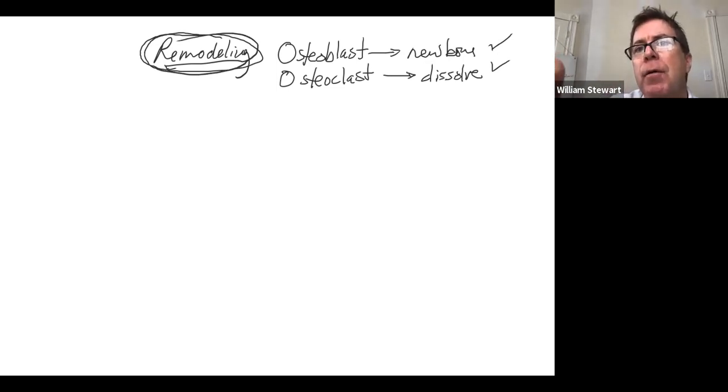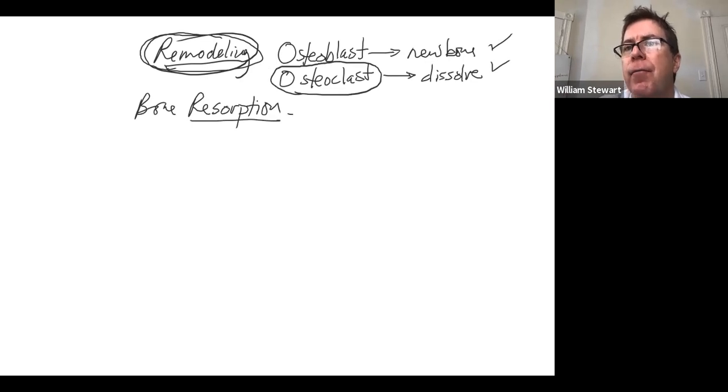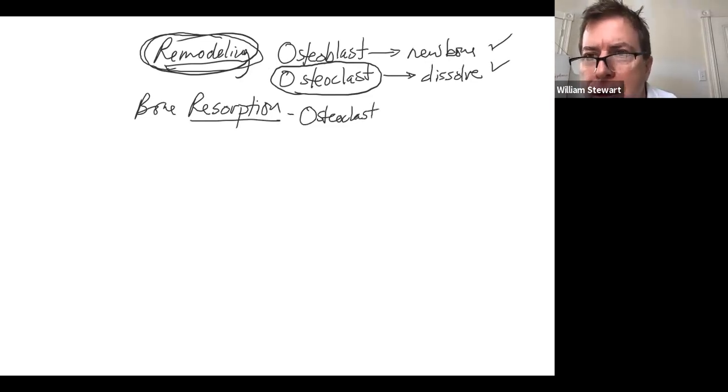This term, bone resorption, refers to this osteoclast activity. That's the process of dissolving old bone tissue.